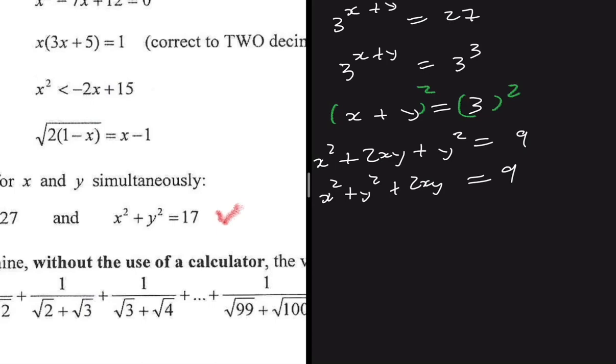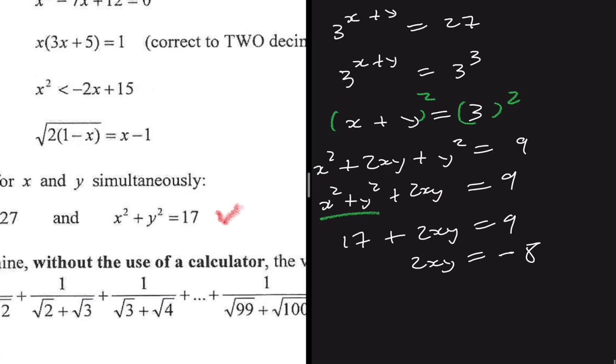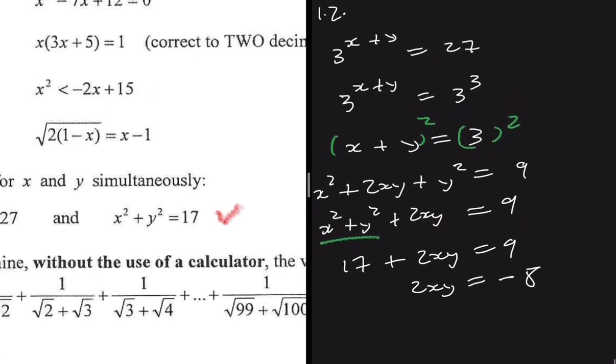We know that x squared plus y squared equals 17, right? So let's sub that in there. So we're going to have 17 plus 2xy equals 9. 2xy should be equal to 9 minus 17. So that should be minus 8. Right. So that is what we have there.